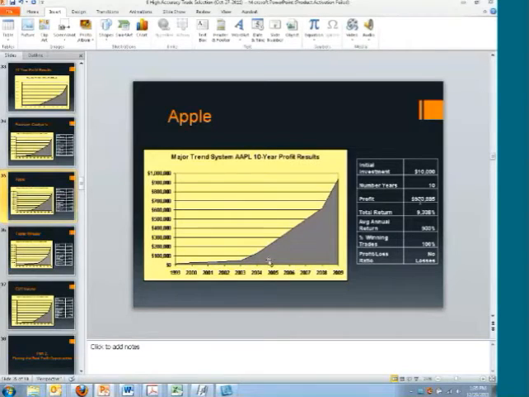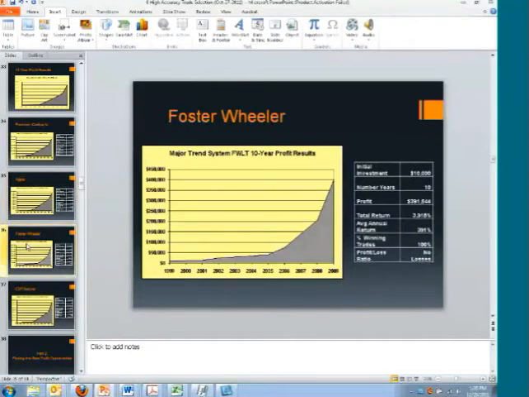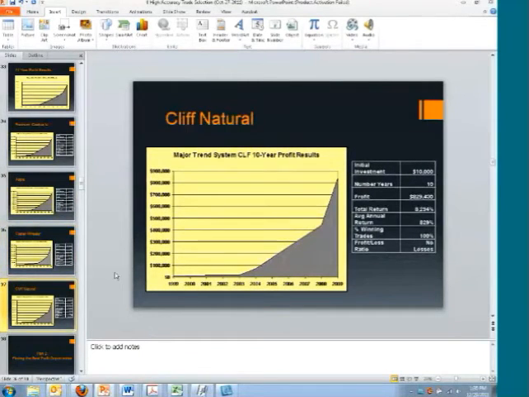And again, some of this is due to the profits from short positions with the major trend system. Foster Wheeler, Cliffs Natural, a $10,000 investment in Cliffs Natural produced an $829,000 profit over that 10-year period, 8,200% return, and no losing trades.